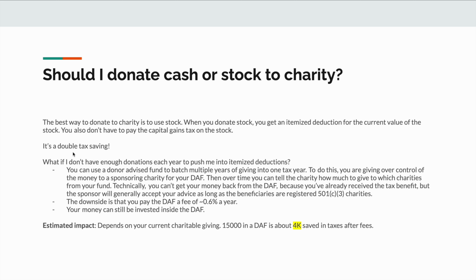Now, let's assume that you're not actually donating that much each year. Maybe you're only donating $1,000 each year, and so you're not actually using itemized deductions on your income taxes.